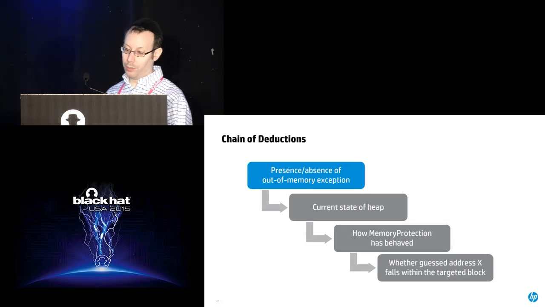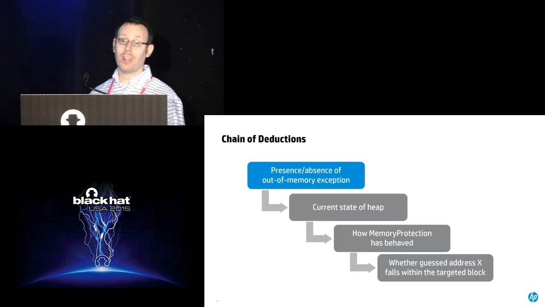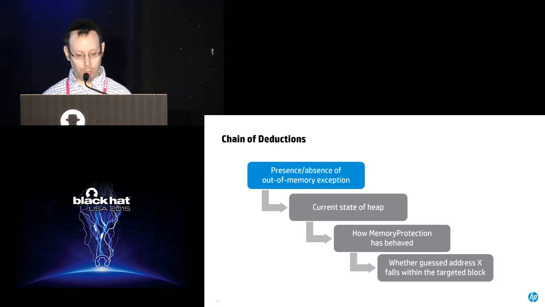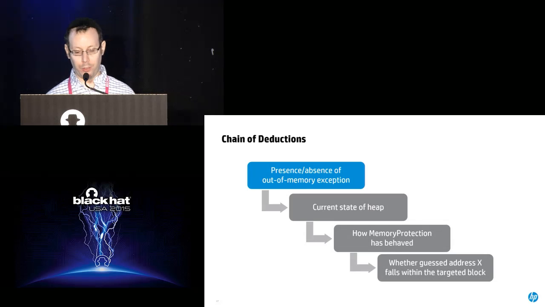Here's the whole chain of deductions we make. The presence or absence of an out-of-memory exception tells us something about the state of the heap. The state of the heap tells us something about how memory protection has behaved, and how memory protection has behaved tells us whether X falls within the targeted block. That's the high-level view. Clearly, to actualize all this, it's going to take some pretty careful setup.